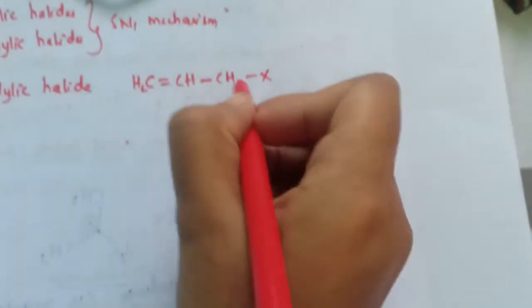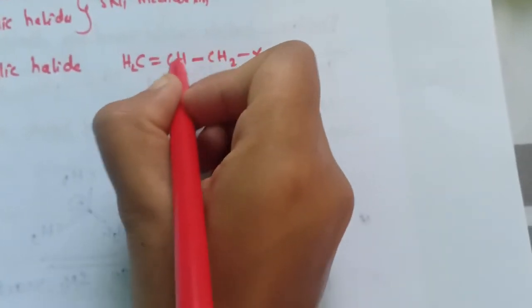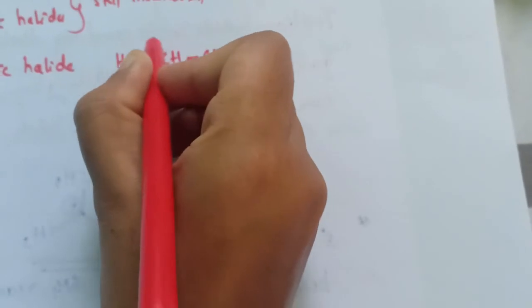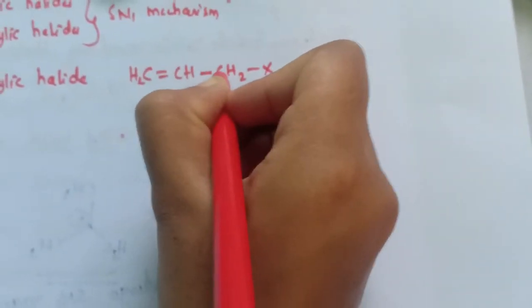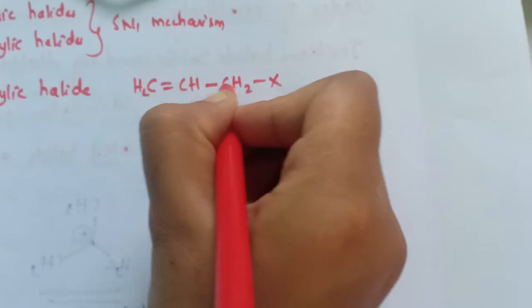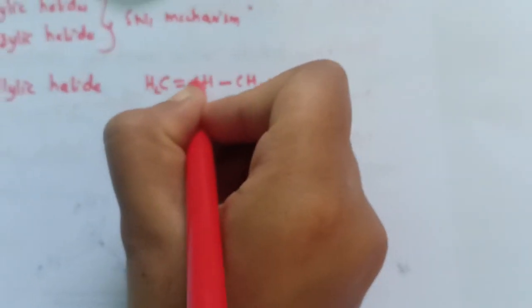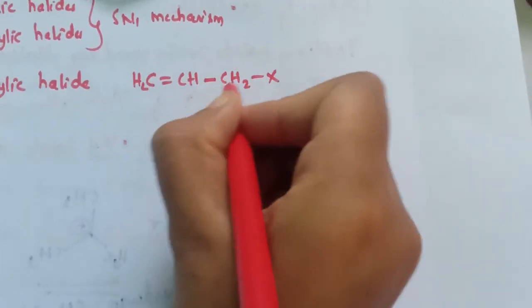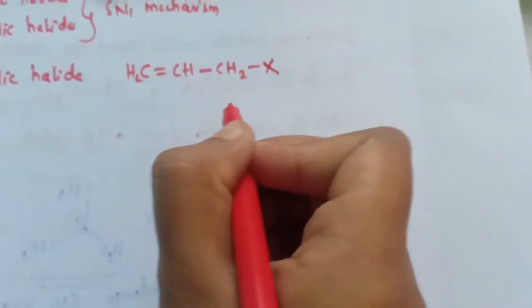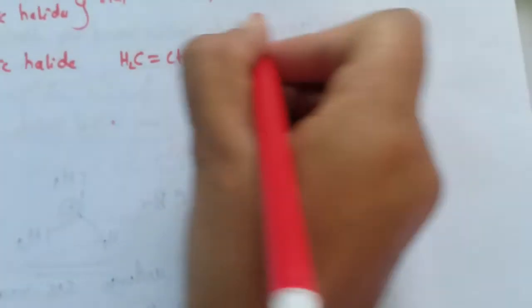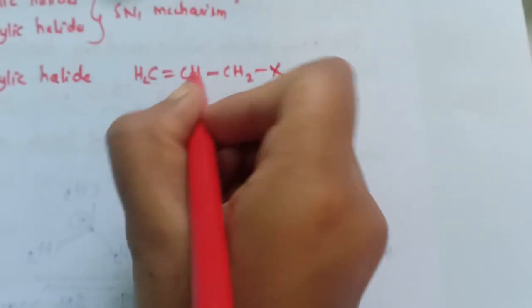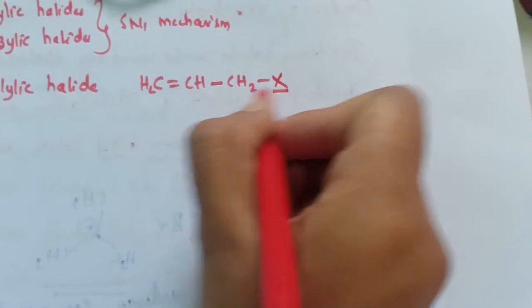Here you can observe that a carbon is bonded to a carbon that is doubly bonded to the other carbon, and on the first carbon a halogen is attached. Such types of halides are called allylic halides, where a carbon is bonded to a carbon that is in turn doubly bonded to another carbon. Here is a halogen, so it is an allylic halide.